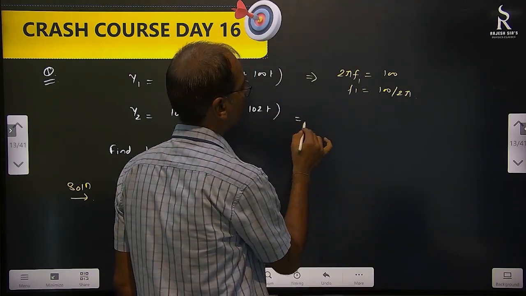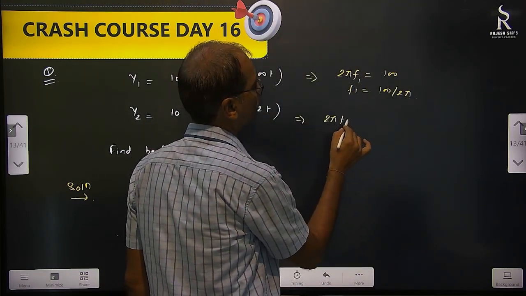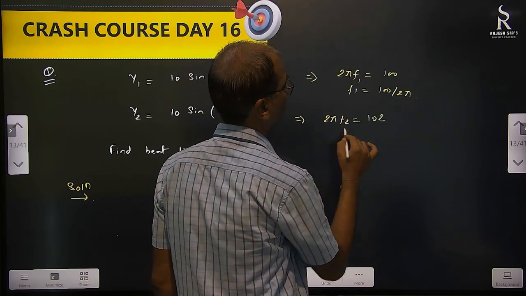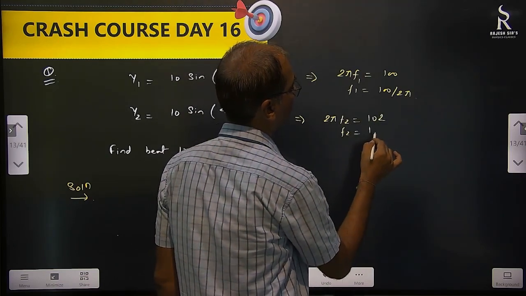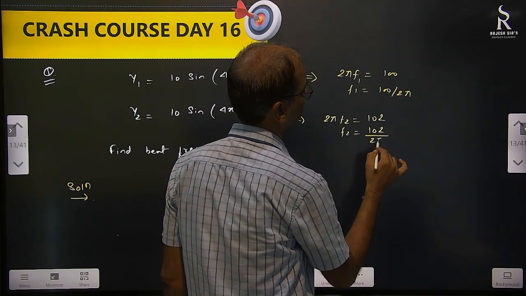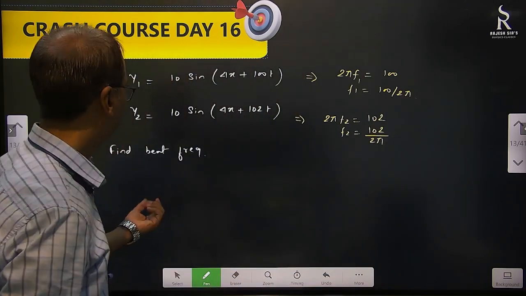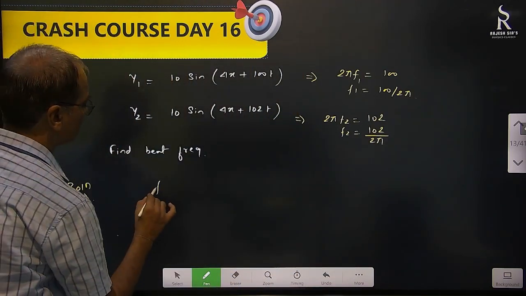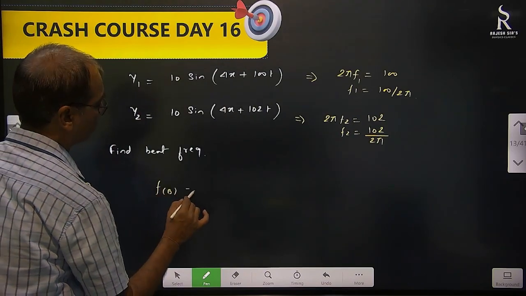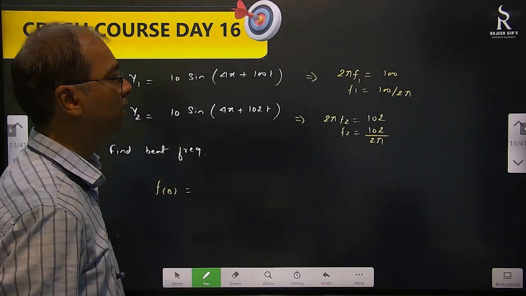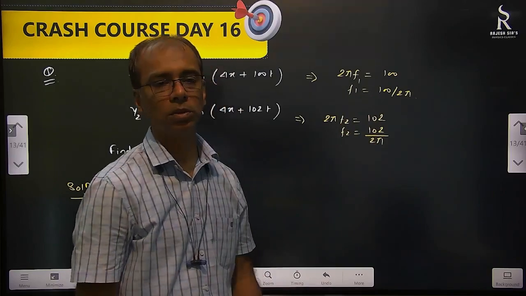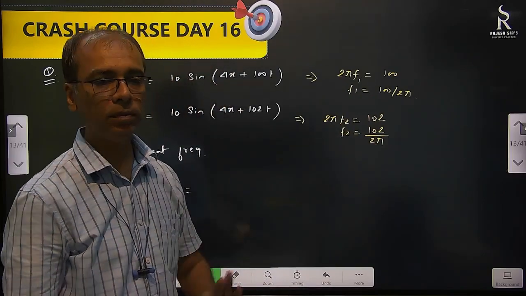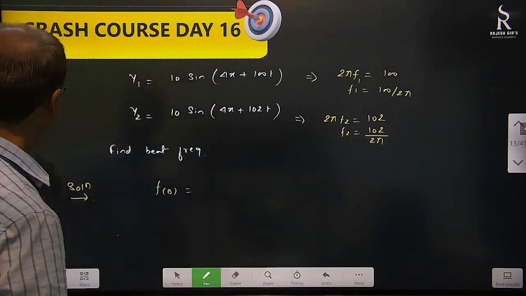Same way here, 2 pi f2 is equal to 102, so f2 is 102 by 2 pi. What is the beat frequency? Beat frequency is f1 minus f2 or f2 minus f1, because beat frequency can never be negative. 100 minus 102 would come out negative. Negative is not possible. So what will we do?